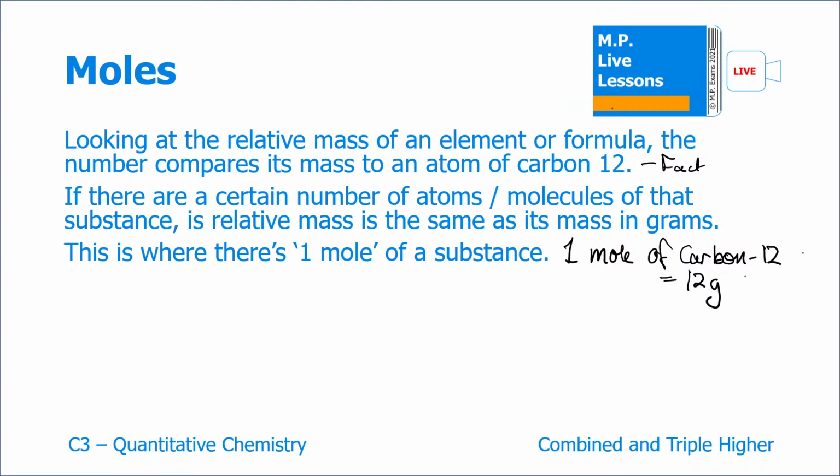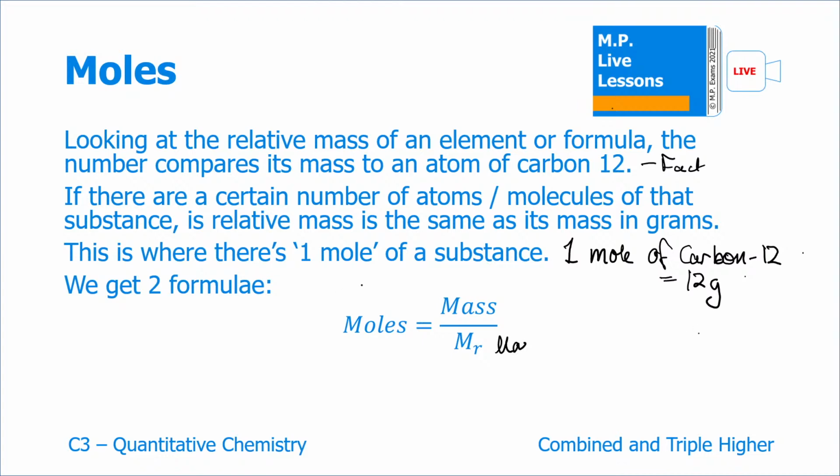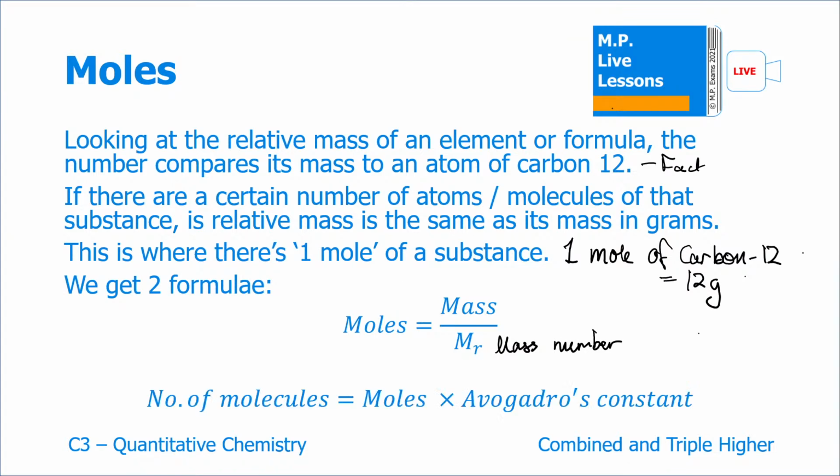And we get a few formulas. One is the number of moles equals its mass divided by its MR. And lastly, we have the number of molecules is the number of moles times Avogadro's constant.